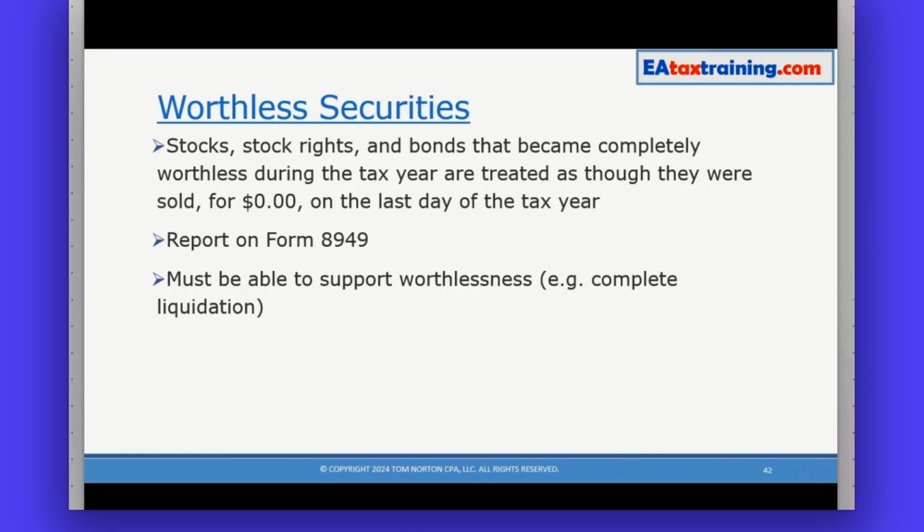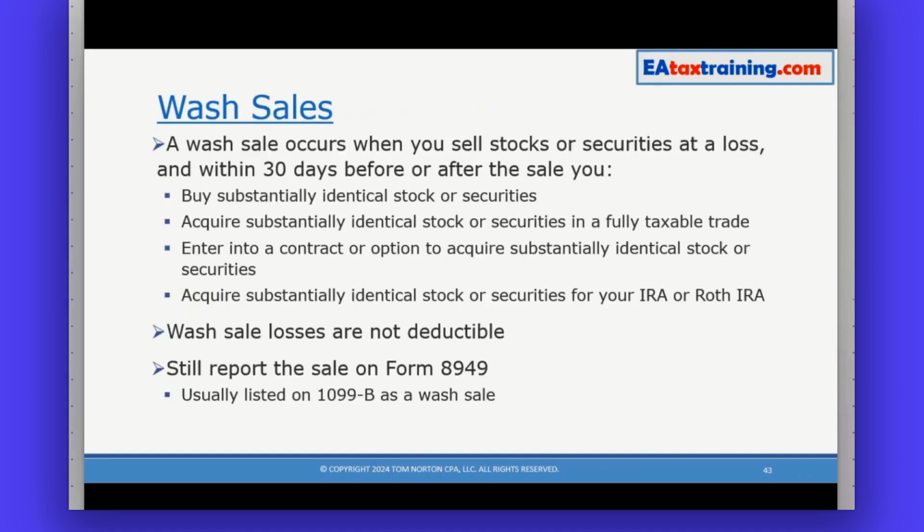You report it on Form 8949, but you must be able to support that it is worthless, such as there was a complete liquidation, or it was a bond that you owned and now that company's out of business, or they declared bankruptcy and they've determined there's not enough money left to pay the bondholders. That would be a complete liquidation, completely worthless, and you could take that as a capital loss.